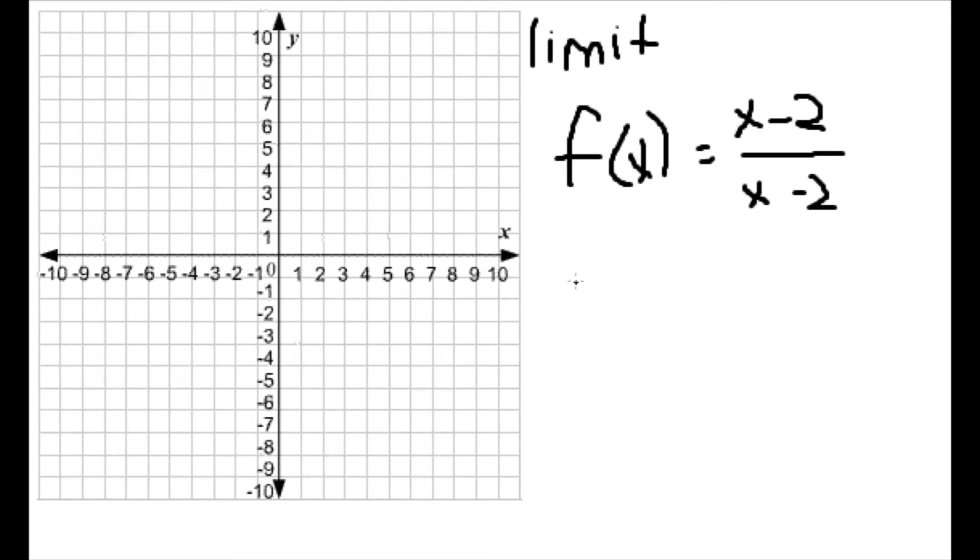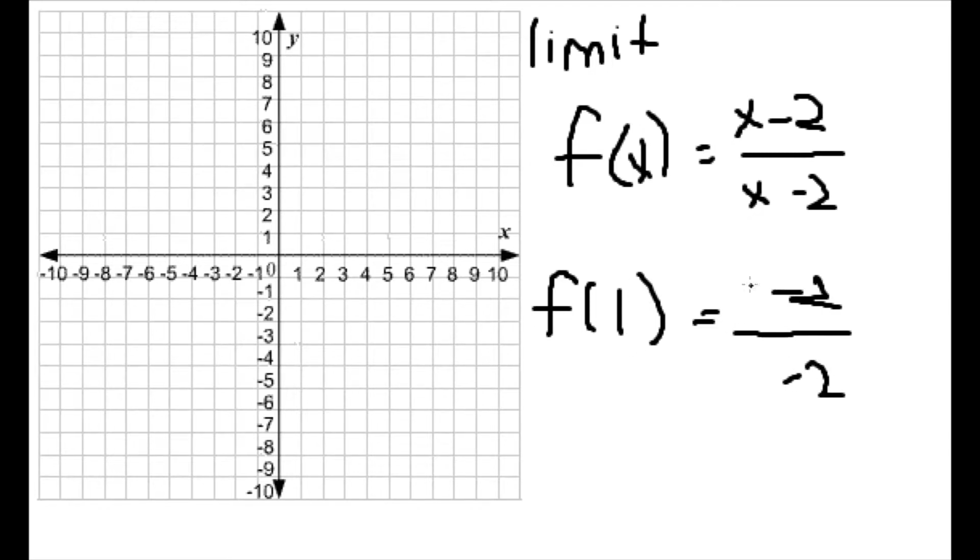So let's do some work here. Let's say we have x equals 1. So f of 1: 1 minus 2 over 1 minus 2 is negative 1 over negative 1, which is equal to 1.